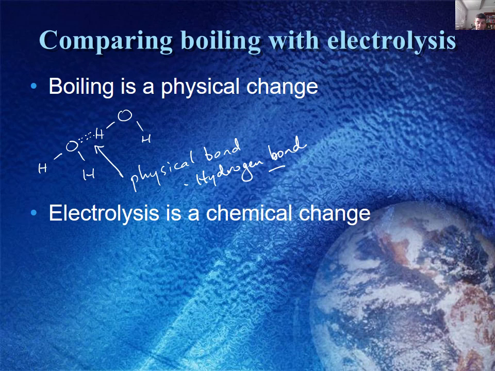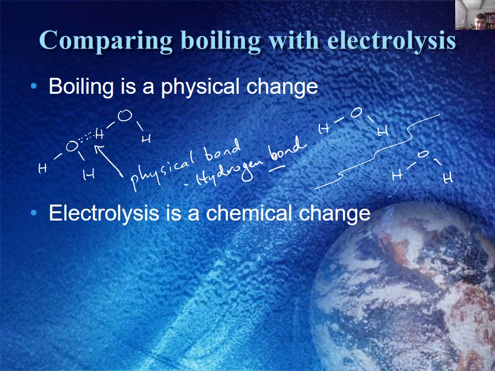But when we are boiling, all we are doing is moving the molecules apart from one another. So in the liquid form, they're all sliding past one another. As ice, they are held together rigidly in a crystal structure. But as a vapor or a gas, they are moving independently of one another. So all we need to do is remove any attraction between individual water molecules to move them apart.